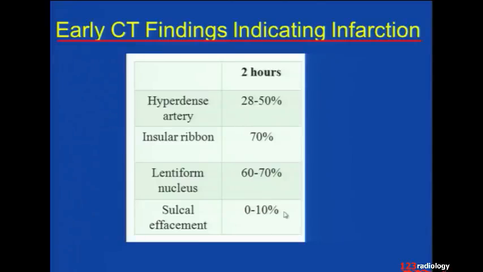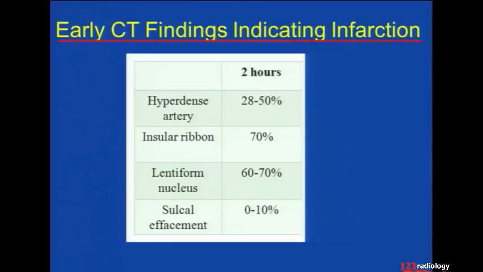But sulcal effacement was only reported in 5 to 10%, or 0 to 10%. Some articles it was 0%. Now, as you go out in time, these numbers remain high and become higher, but the sulcal effacement starts to be seen, and particularly after the first 12 hours.